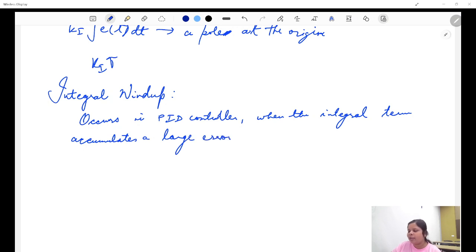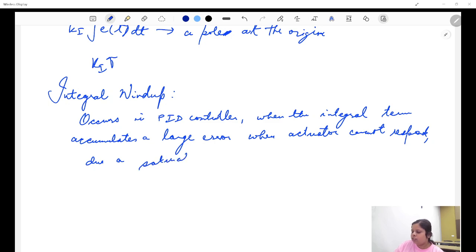Because we are ultimately accumulating, right? From t equal to 0 up until now, we are just integrating the error. So it accumulates large error during periods when the actuator cannot respond. So error will be very high, and we mostly hit a saturation limit. So this is the reason for integral wind up.